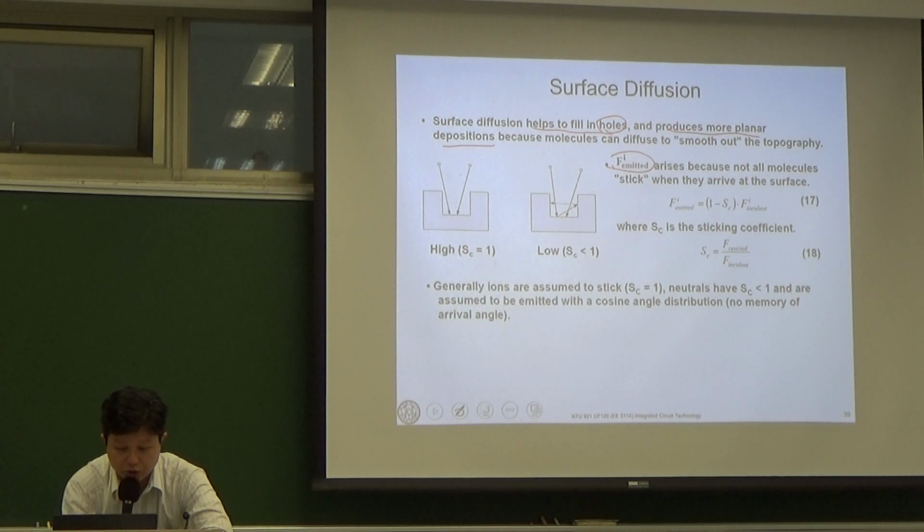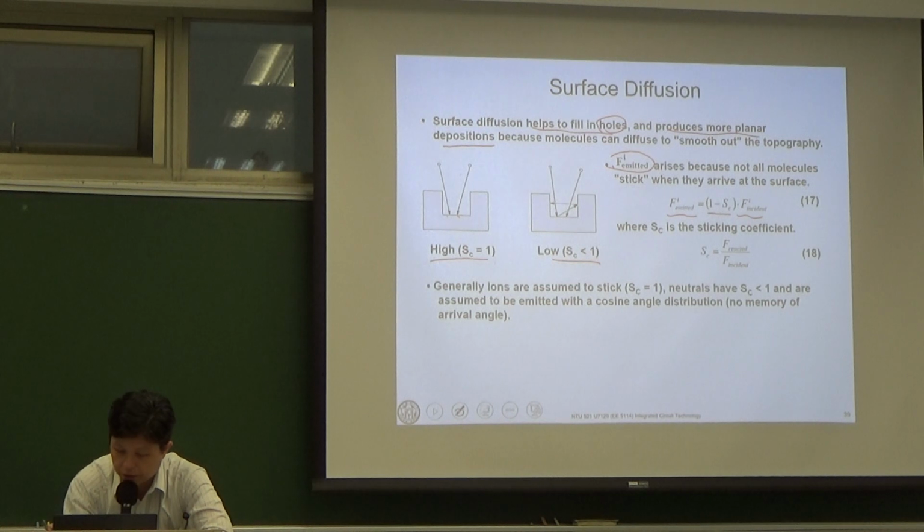That's the sticking coefficient. When the sticking coefficient is high, you stay here. When it's low, you like to travel around. So parts of the incident flux can move and travel or be emitted to other positions.